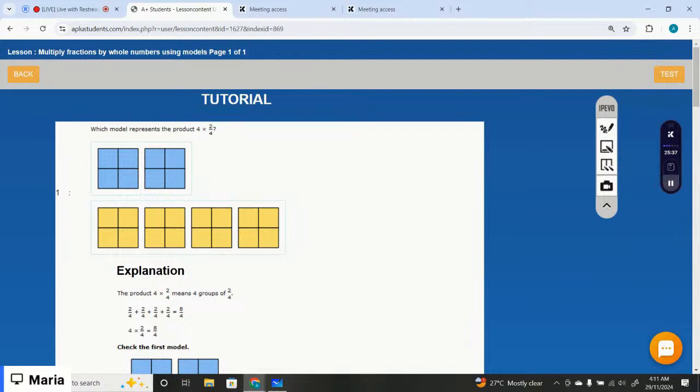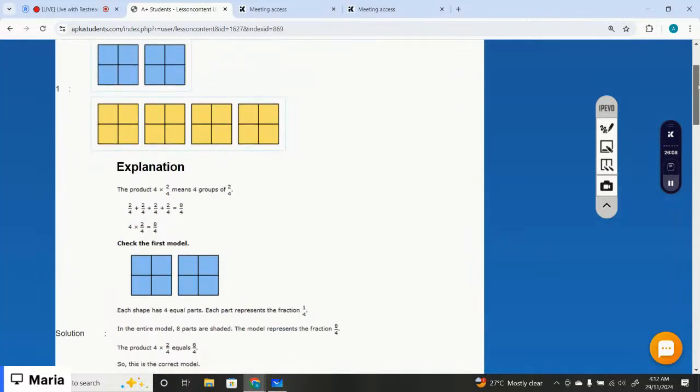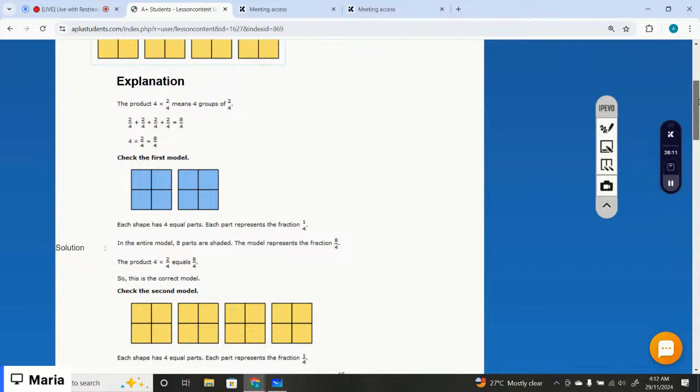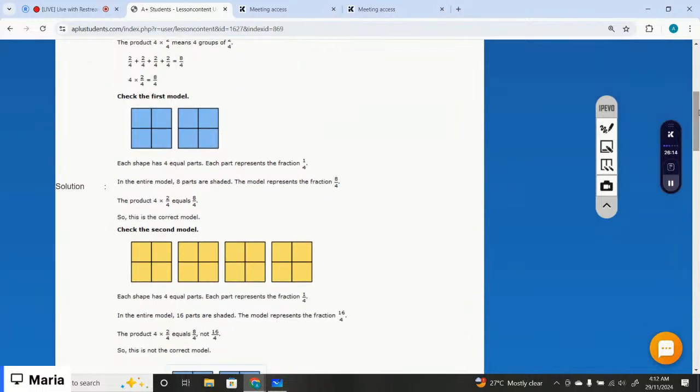Which model represents 4 times 2 by 4? 4 times 2 by 4 equals 8 over 4, right?